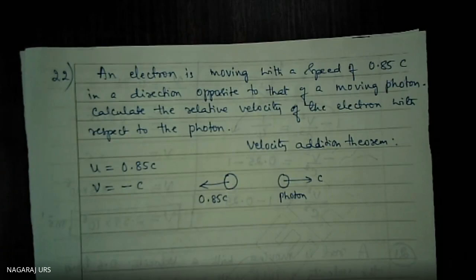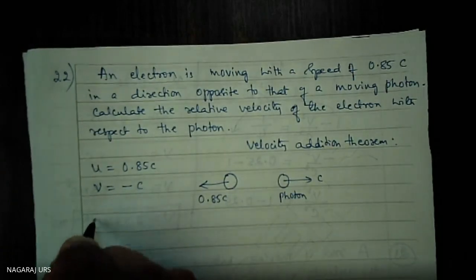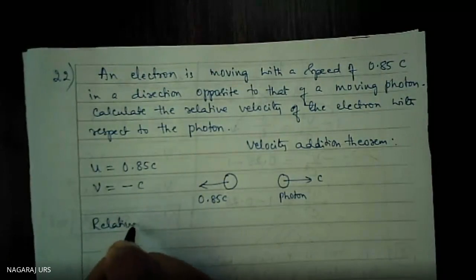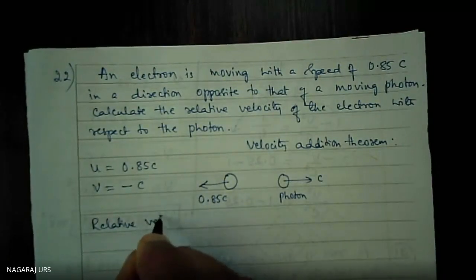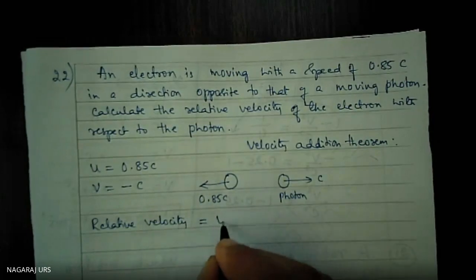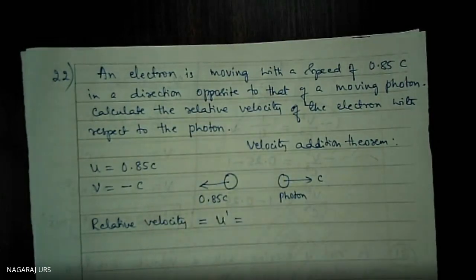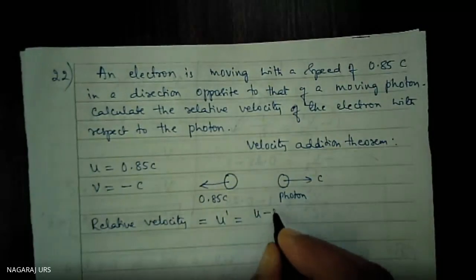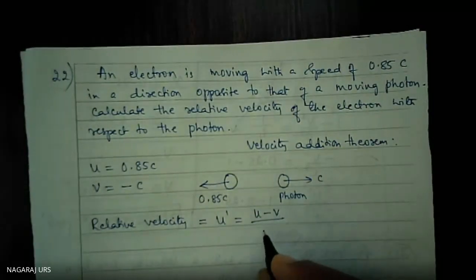Calculate the relative velocity. Relative velocity is equal to how much? The formula I am writing: u dash is equal to u minus v divided by 1 minus uv by c square.